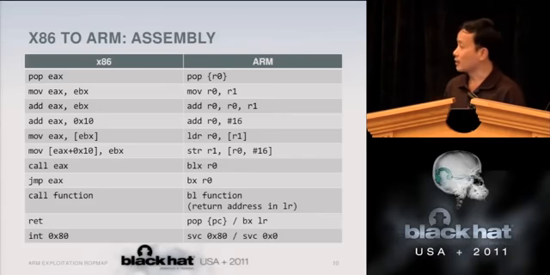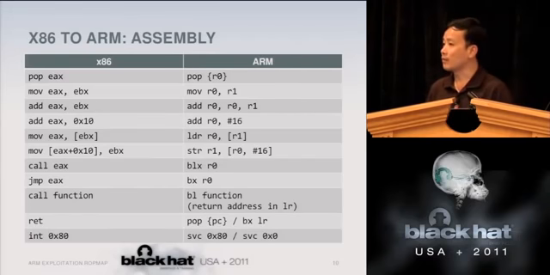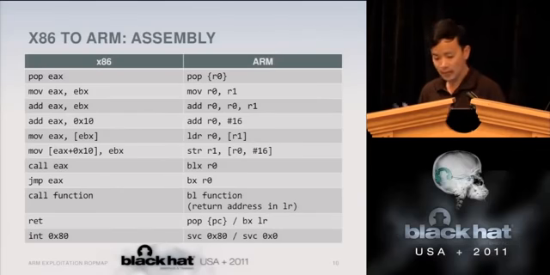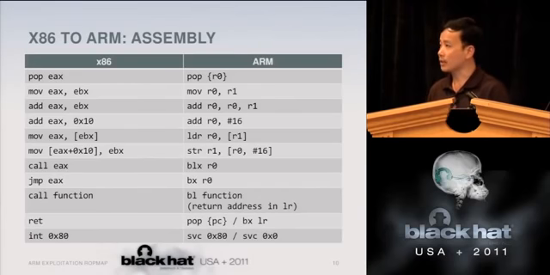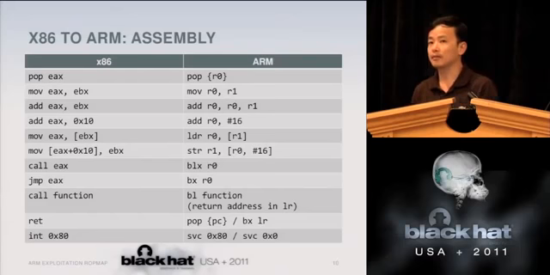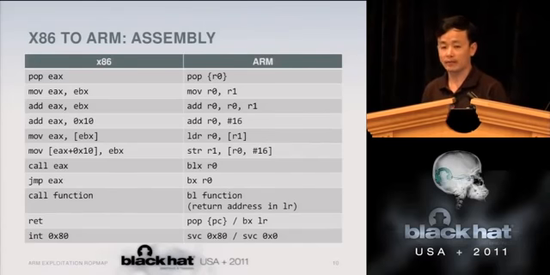The first one is loading values from the stack. We have the pop instruction in both architectures, and in ARM it also allows you to pop many registers in one instruction, like pop R2, R7, and even PC, in just one instruction.